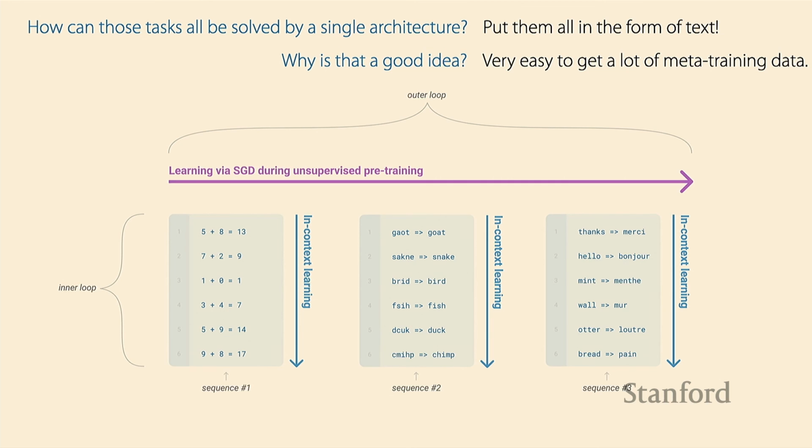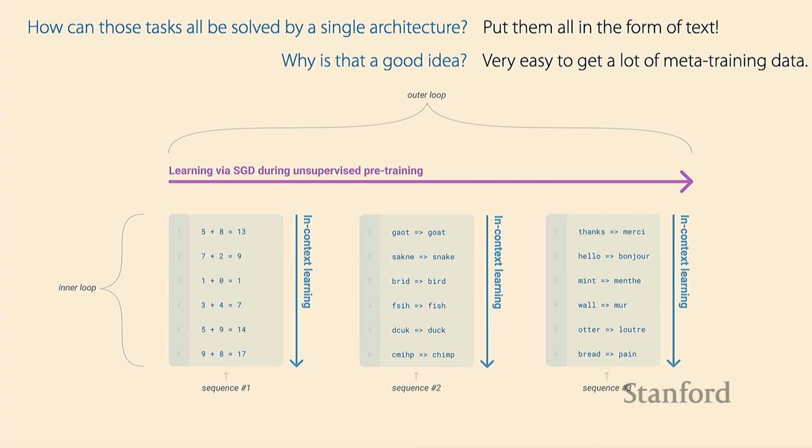What this looks like is you have an inner loop and an outer loop. Previously, a forward pass of our RNN was an inner loop, and training that RNN to learn was our outer loop. Likewise here, in-context learning, running the RNN on text, is your inner loop.